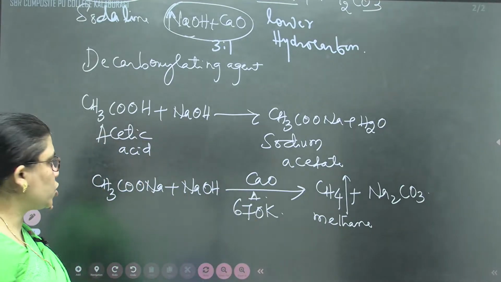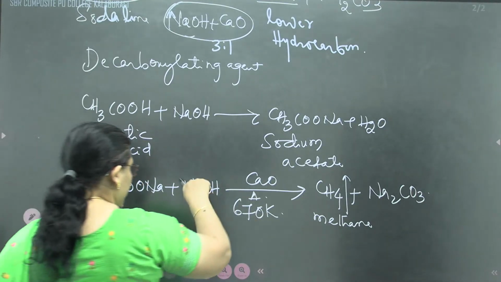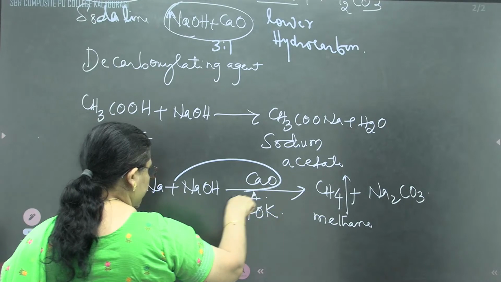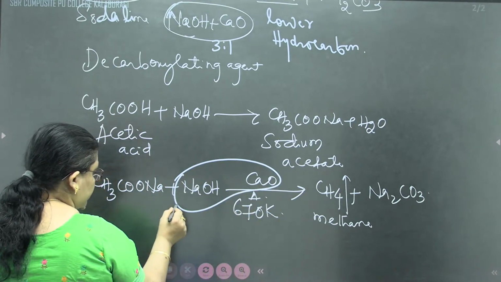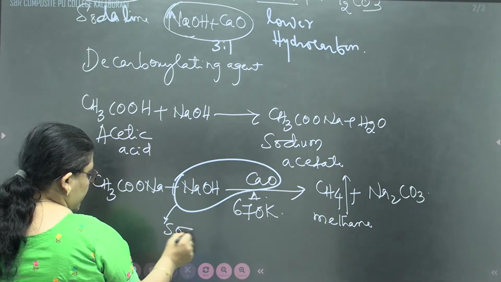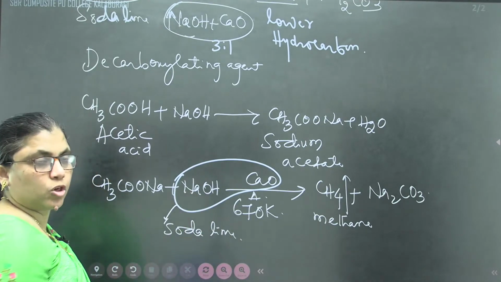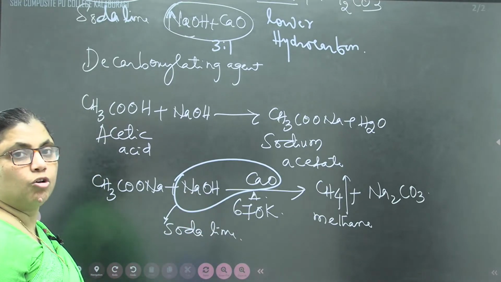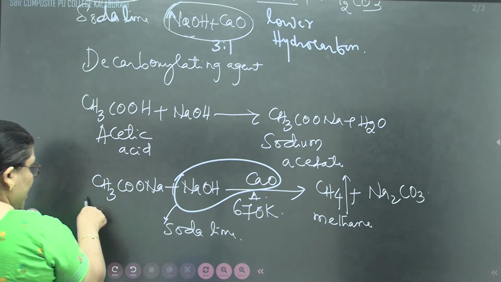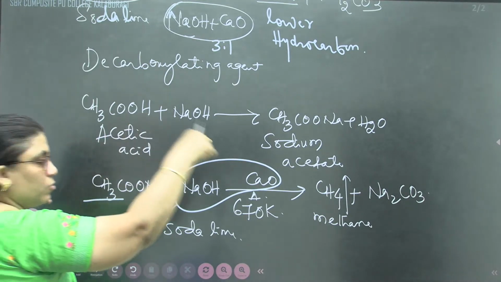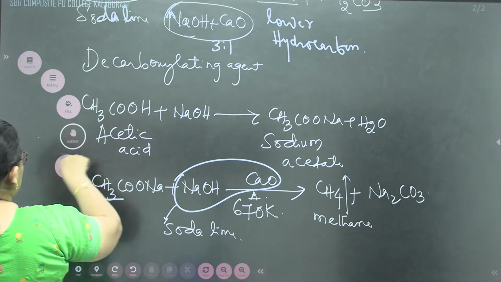By high temperature, this is the soda lime mixture. We are going to prepare what? Lower hydrocarbon. 2 carbon atom carboxylic acid is converted into 1 carbon atom.